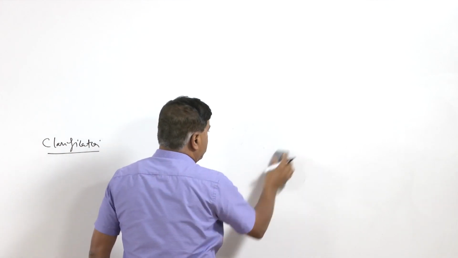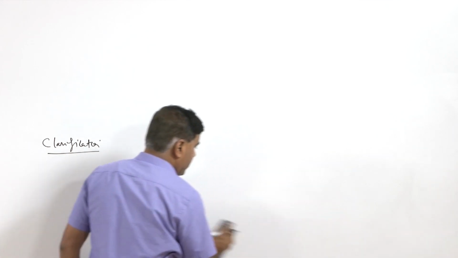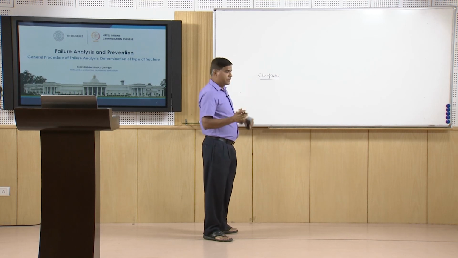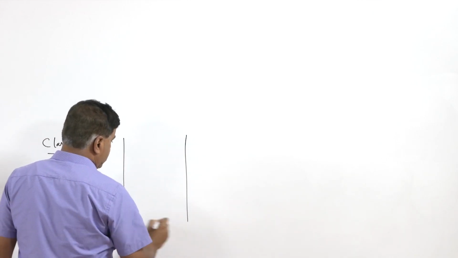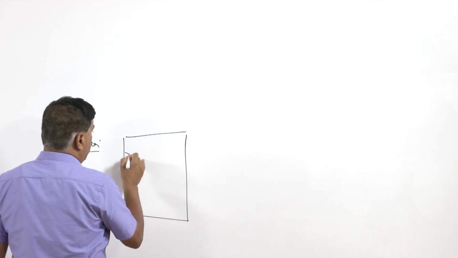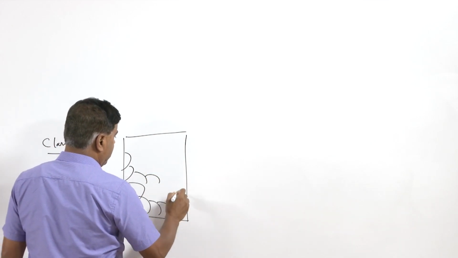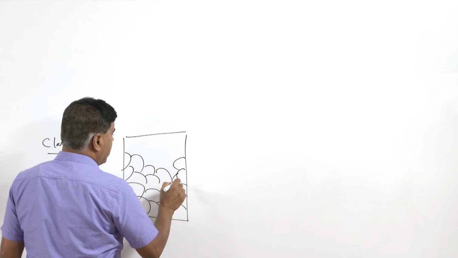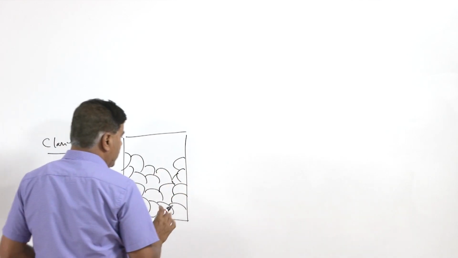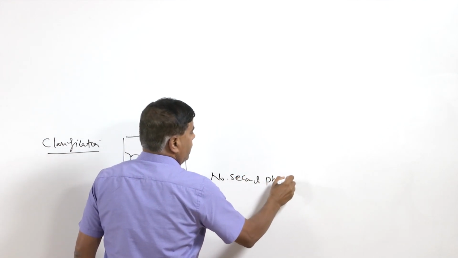Now we will talk about the possible features which can be there, and what kind of interpretations can be made with regard to the microstructure of the material. Say in polycrystalline metallic materials, we may have a single phase, a number of crystals of the same phase. So here there is no second phase particle.